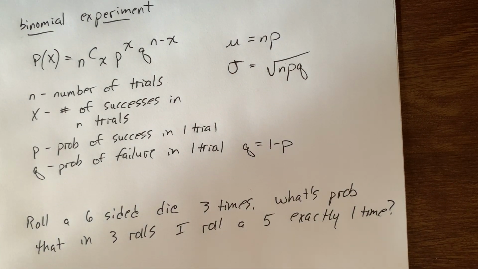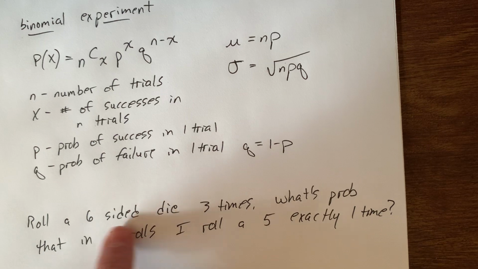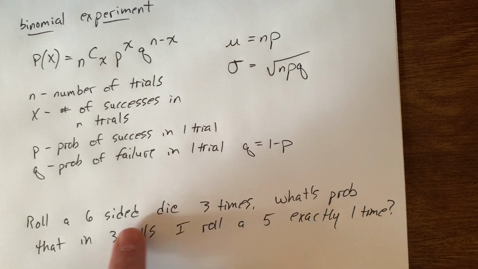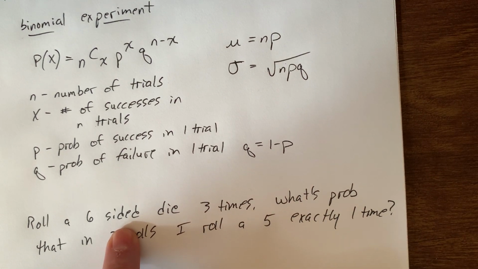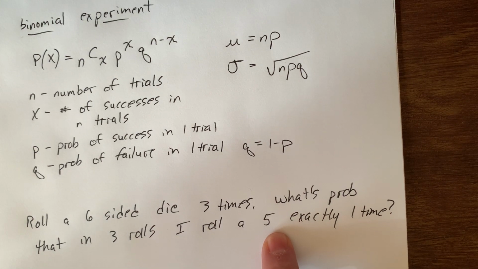Just thinking about the basics of probability, we really have enough information to answer this. I'm rolling the die. I want a 5. Technically rolling a die has 6 possible outcomes, but all I'm focusing on is rolling a 5 or not rolling a 5.